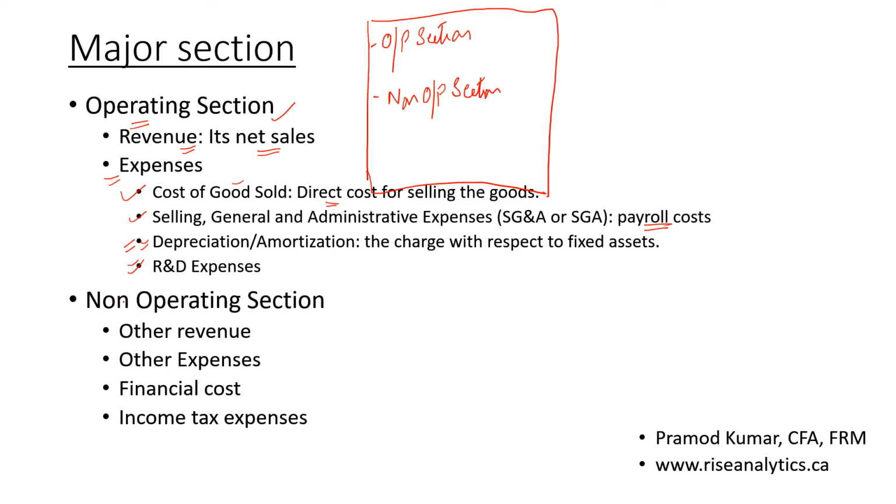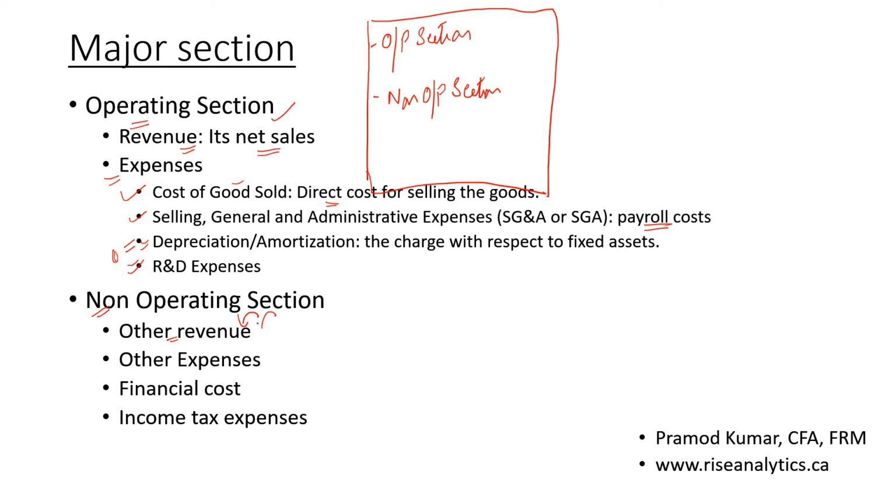The next section is the non-operating section. This section is where, let's say, we are giving some interest or loan to somebody and we get some income. Let's say some revenue is generated not from the primary source, because the primary source is to sell the products.